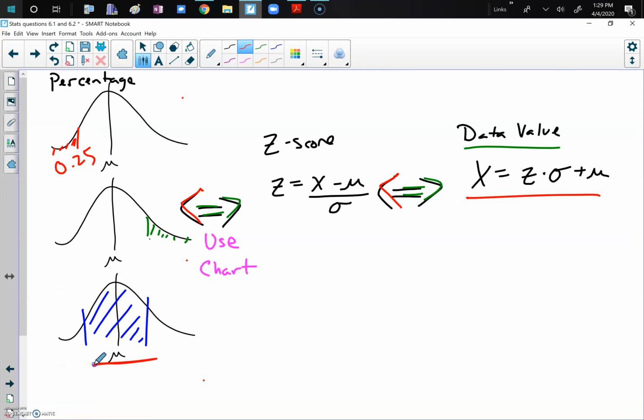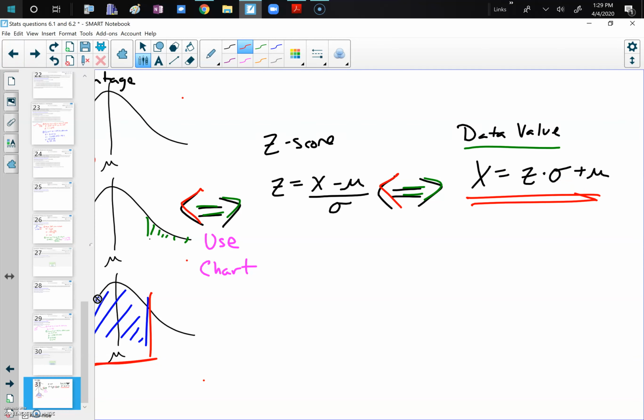So we're talking about essentially this bottom picture here. So I'm going to use my chart to find, in this case, the two z-scores that represent the lower cutoff and the upper cutoff in our area in between. And then I'm going to use our formula to figure out each of those data values and what those z-scores represent as a data value. So again, we're going from the left side, the percentage, and then working towards the right, a data value.